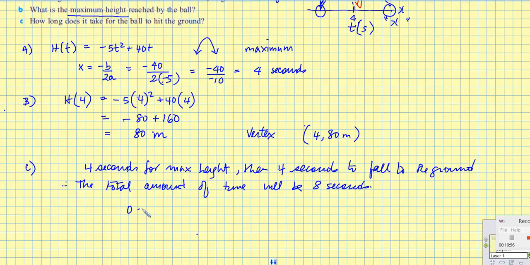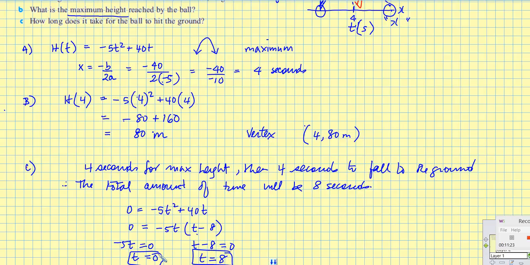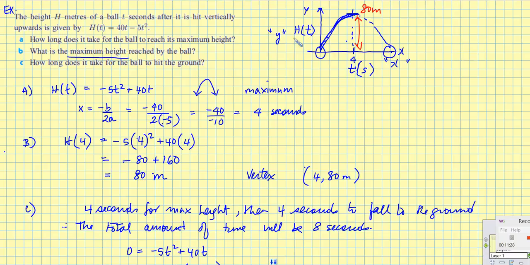So if I let y equal 0 in negative 5t squared plus 40t, and I say 0 is equal to negative 5t bracket t minus 8, then I would end up getting that negative 5t is equal to 0, or t minus 8 equals 0, so that t would either be equal to 0 or t would be equal to 8. So I could have figured this out algebraically, or I could have figured it out logically, just thinking it through and saying, well, the halfway point was 4, and therefore 4 plus 4 gives me 8.